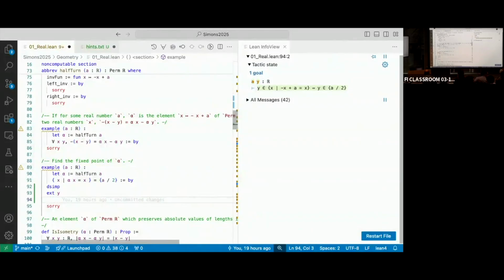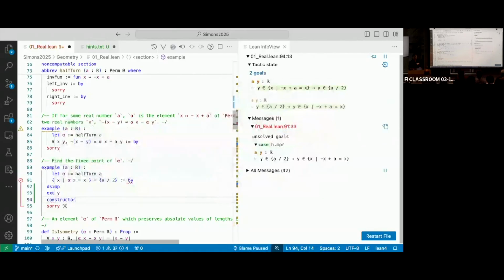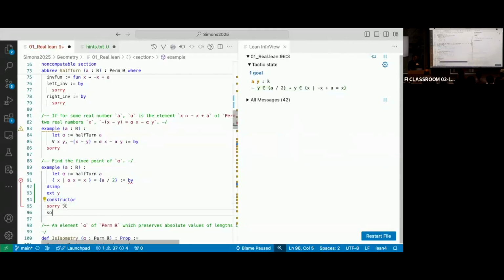So if you have an if and only if in the goal, there are two tasks that you need to split it into, two implications, one in each direction, and that is what constructor figures out for you. So I think I won't even finish off this exercise for you because the rest should be doable with what you know already, but the setup for the problem uses the ext and the dsimp, and those are the new pieces.